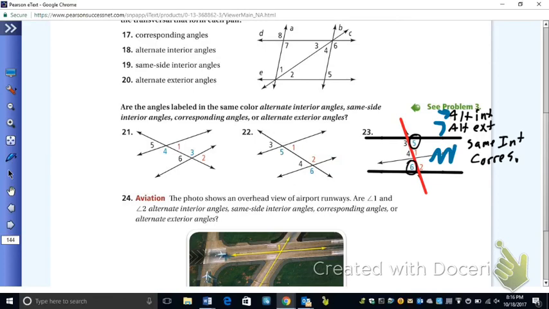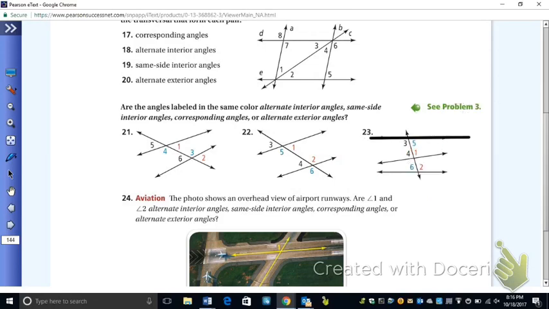Being that they are both on the inside, on the sandwich part of the diagram, blue interior, green exterior, they're alternate interior angles. Finally, we're looking at 3 and 4. They're both on the interior, both on the same side. So we're just going to call it same side interior.